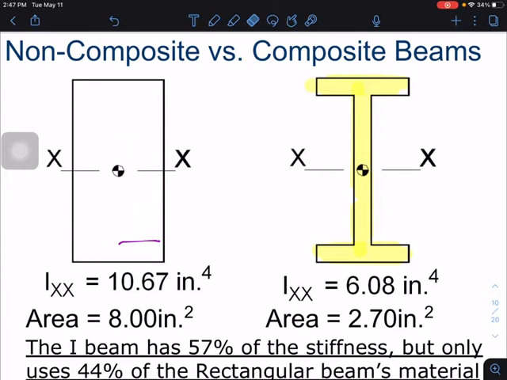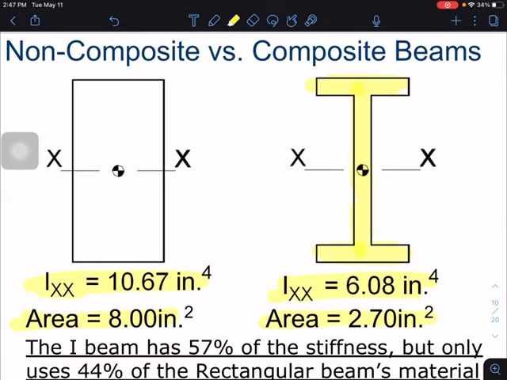Okay, so with the beam solid like it is, it has a moment of inertia of 10.67, and the I-beam on the right has a moment of inertia of 6.08. If we compare the surface area, the area of the beam on the left is 8 inches squared, and the area of the I-beam, the one on the right, is 2.7 inches squared.